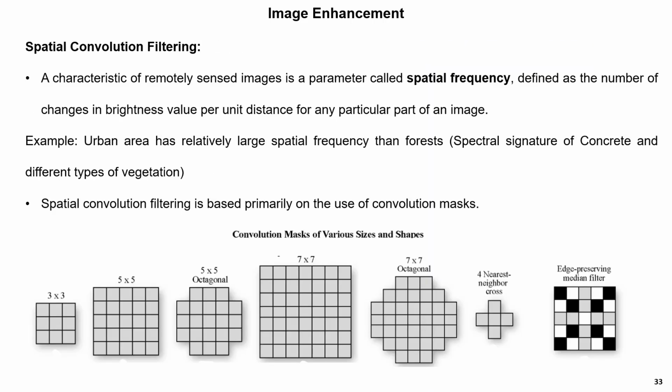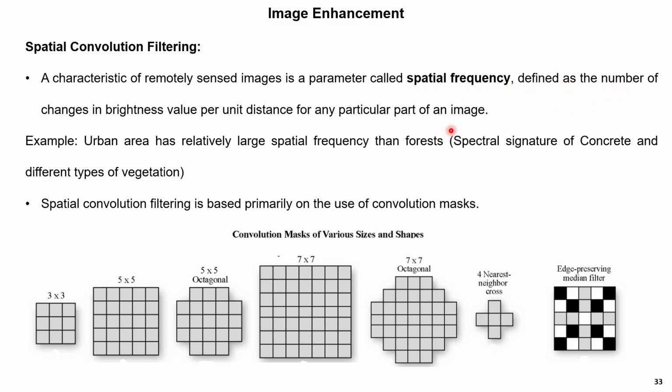Okay. So the next type of enhancement is the filtering options. We have spatial convolution filtering. In spatial convolution filtering, there is one parameter called spatial frequency.